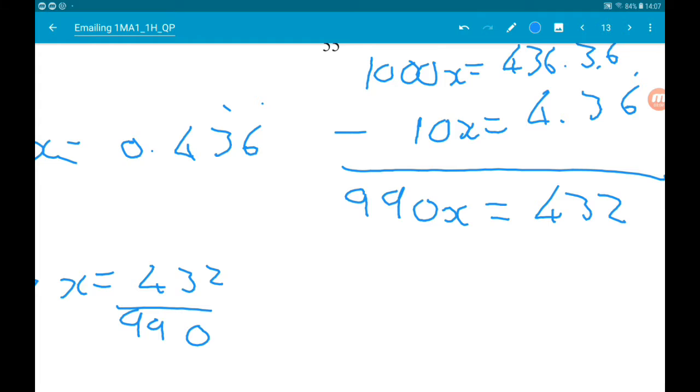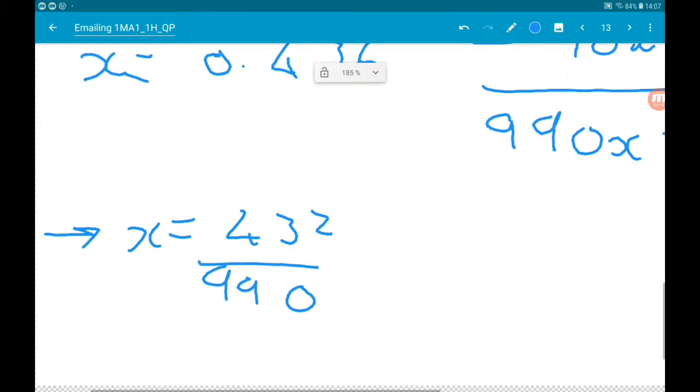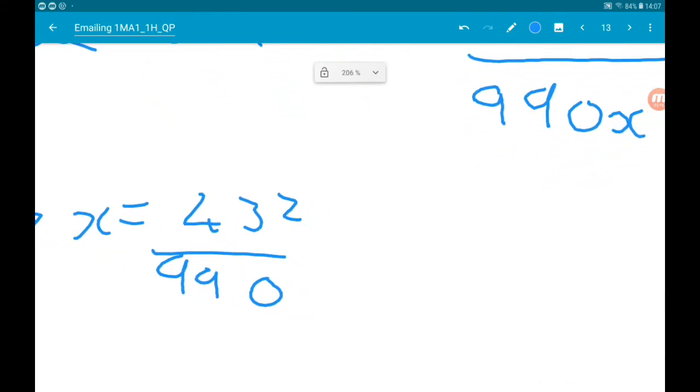Okay, so now we need to simplify that. How lovely. So, top and bottom are at least both even. So we can divide the top and bottom by 2. So on top, we're going to get 216.